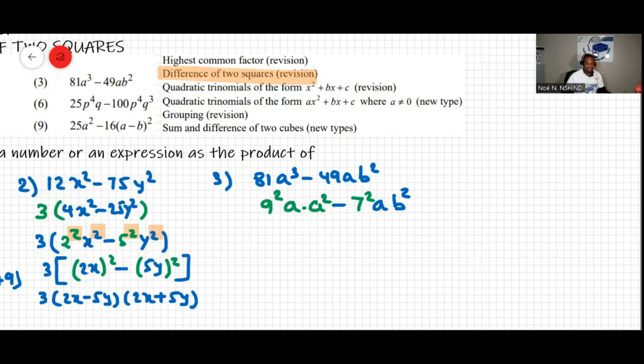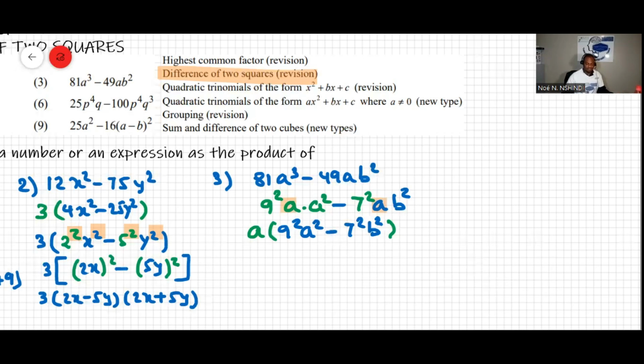Now, is there any common thing here? We have a here, and a there, which is a common factor, so we can take a out as the common factor. So this will be a, open bracket, close there, and then we will be left with 9 squared a squared minus 7 squared b squared.